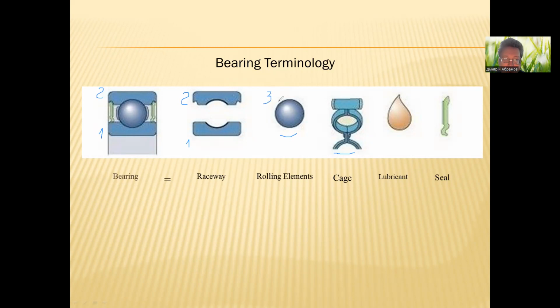Number 3, rolling elements, balls. Number 4, cage. And number 5, seal.